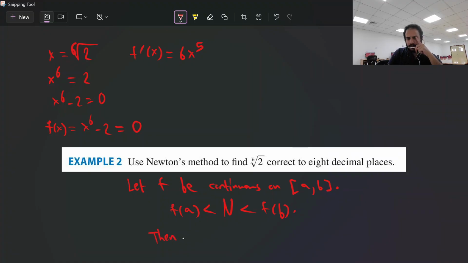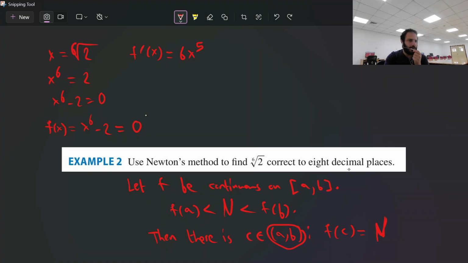Then there is c belonging to [a, b] such that f of c equals n, right? c between what and what? Between a and b, right? So you can have an idea where the solution is. You can have the idea how to choose x1 close enough to the solution by using this theorem, the intermediate value theorem.